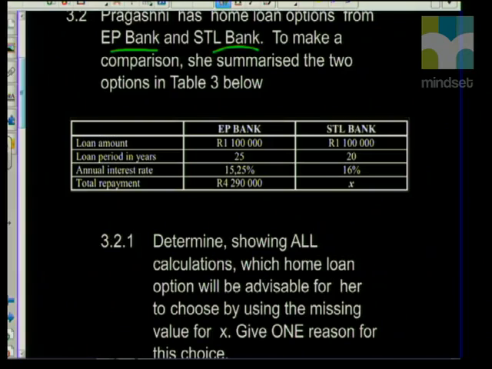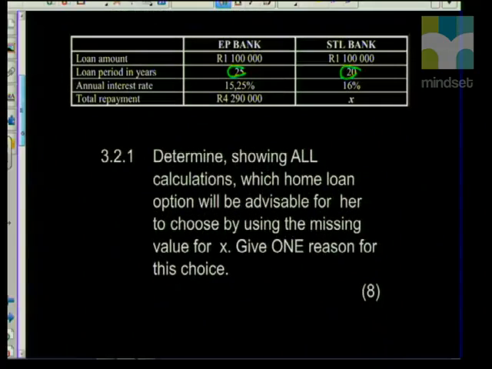The one is over 25 years, the one is over 20 years. Now, the first thing that she's asked to do is to determine, showing all calculations, which home loan choice between these 2 banks, that's option 1 and that's option 2, would be advisable for her to choose.